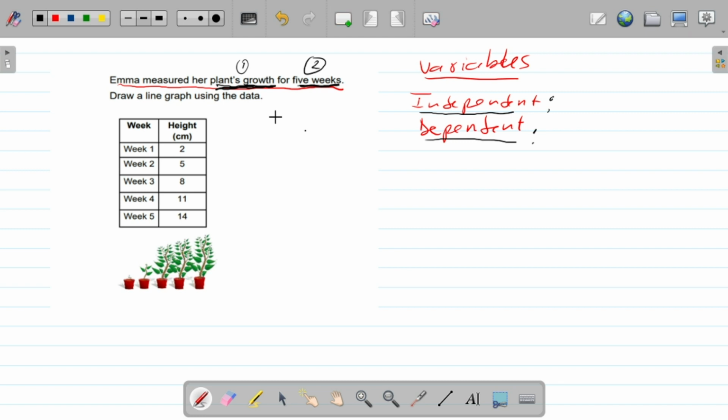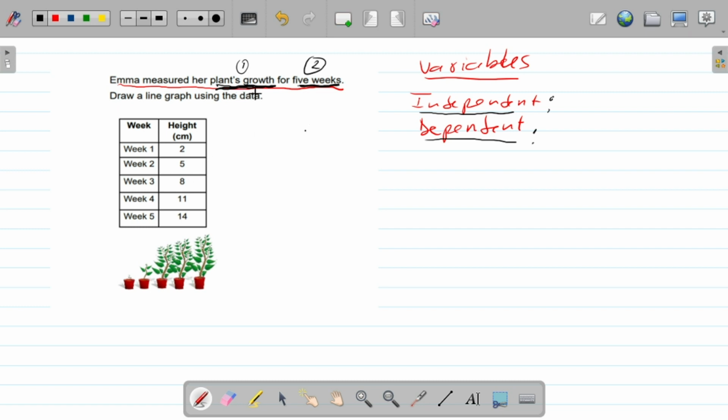I mean, it should be a no-brainer that time will forever pass, right? Whether plants are growing or not, time will pass. So time does not depend on growth. But the growth of a plant will depend on how long it has been growing, right? For example, if in week 1 a plant is 2 centimeters, we're expecting it to grow by week 2 to 5 centimeters.